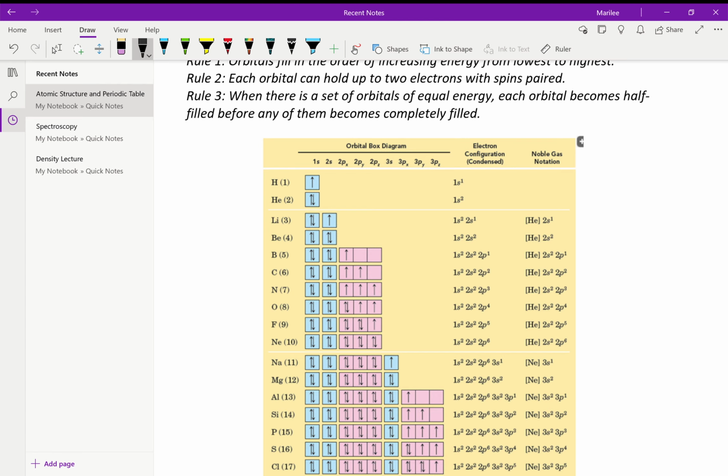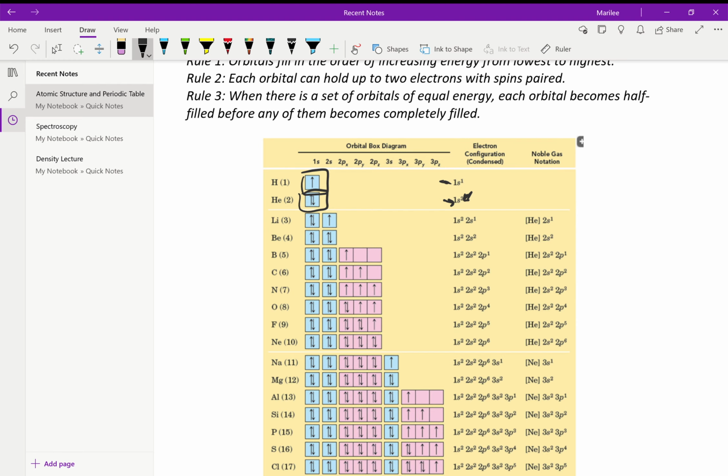Those are your spin pairs. To write hydrogen as an electron configuration, we see here it's 1s1, right? Then for helium, 1s, which is this box right here. For helium, which has 2 electrons, it's written as 1s2. You see it says 2 right there.